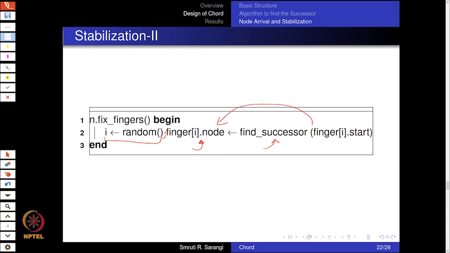So this should hold anyway, but because of some temporary inconsistencies that may crop up, this may not be holding. So this is where there is a need to periodically run this script and keep on fixing the network.